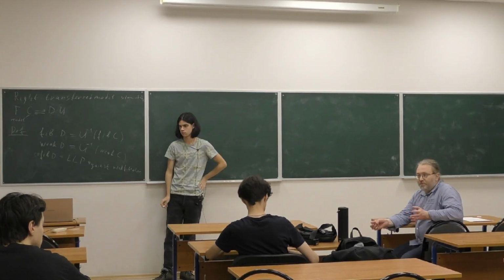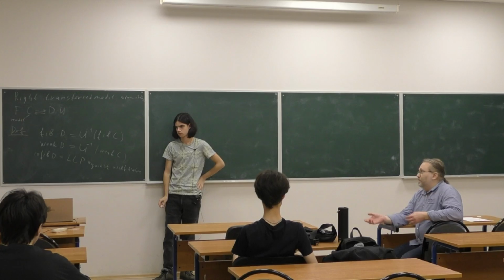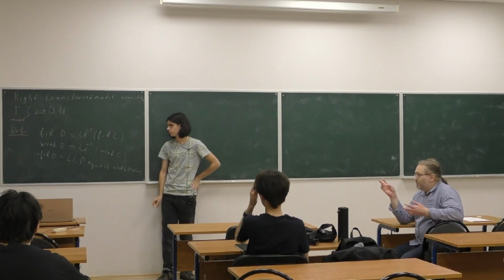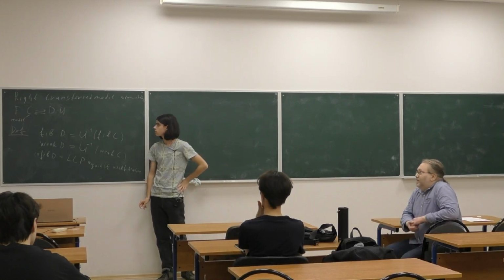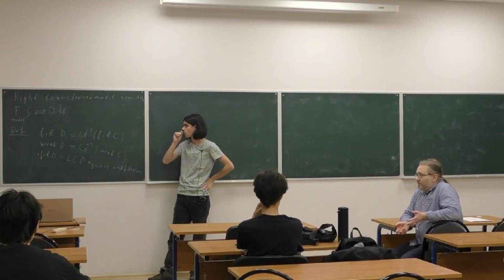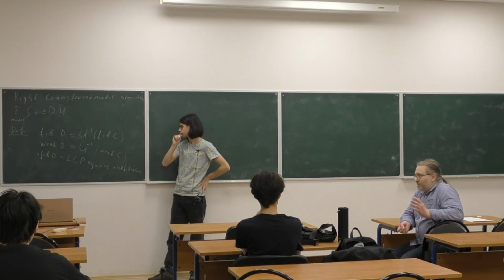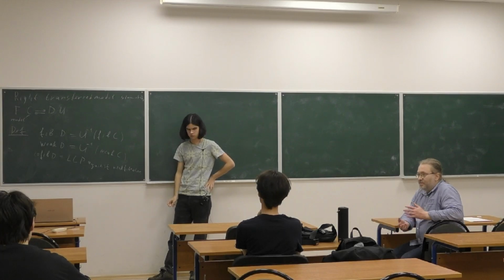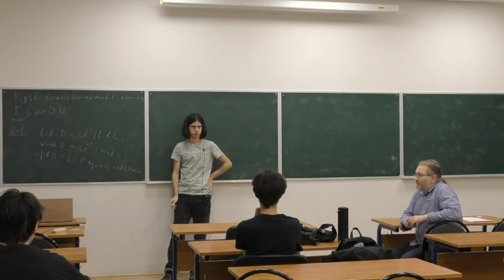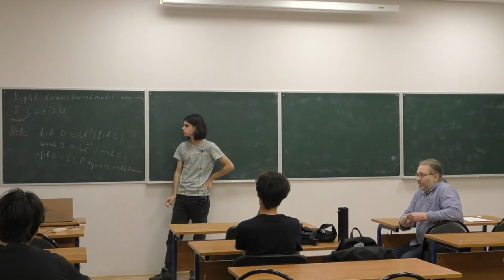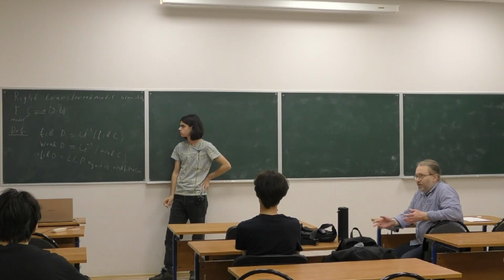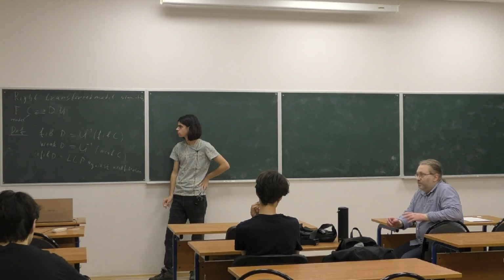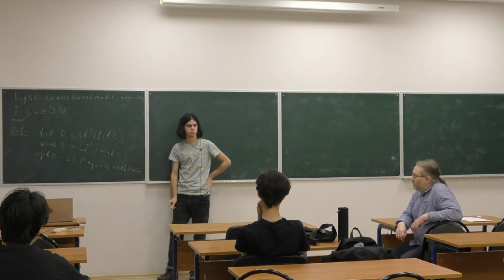There is one such procedure which is very useful, and it's called the right transfer. There is a similar procedure which is called the left transfer, and it's for some reasons less useful. There are other ways to get a model structure without directly checking the axioms, but let's start with this one.